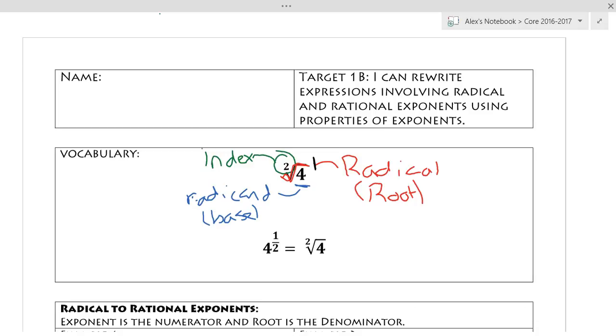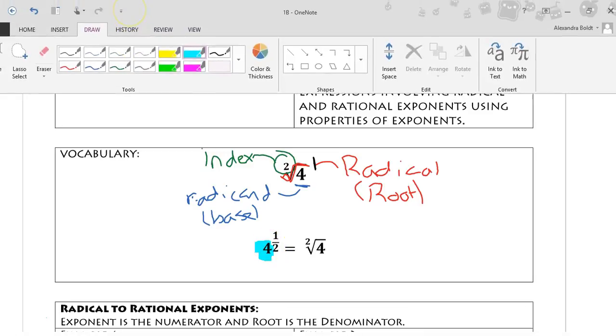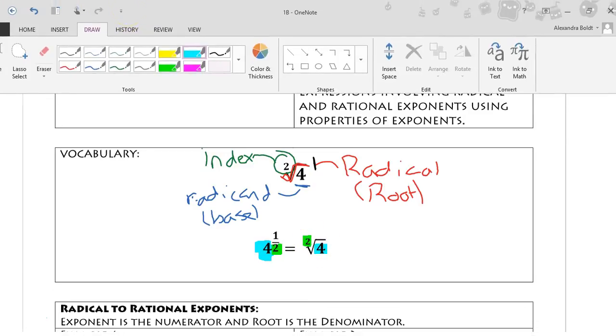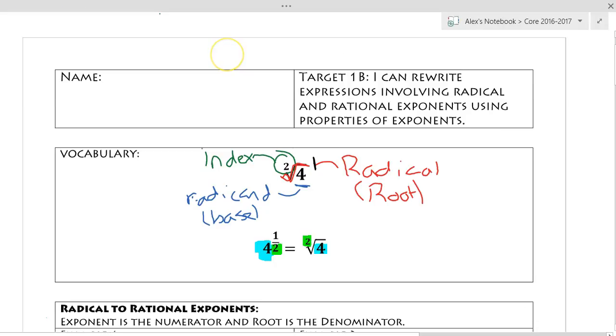Right? So when I look at exponents, it's kind of the same thing. I still have that base. Okay? That index is just in the denominator of my exponent. And the exponent is just the numerator of my exponent.